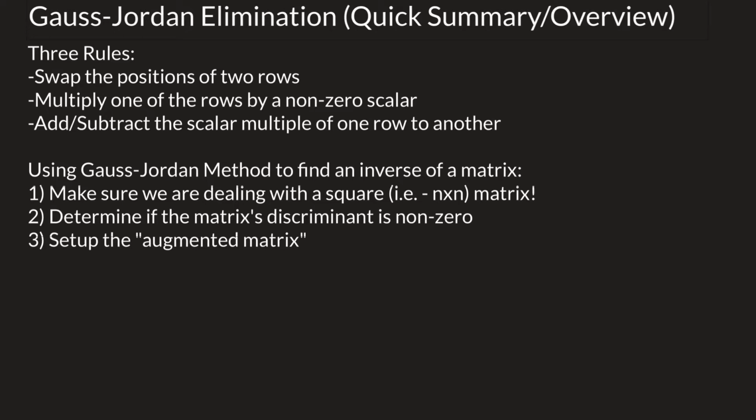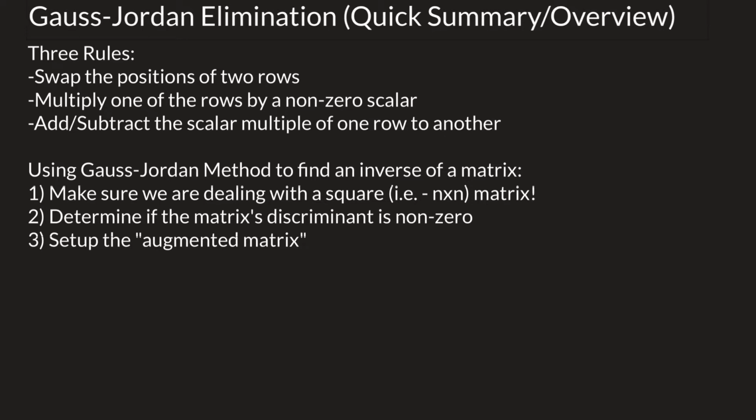So there are three main rules that we deal with regarding the Gauss-Jordan elimination, right? We could either swap the positions of two rows, or we could multiply one of the rows by a non-zero scalar factor.